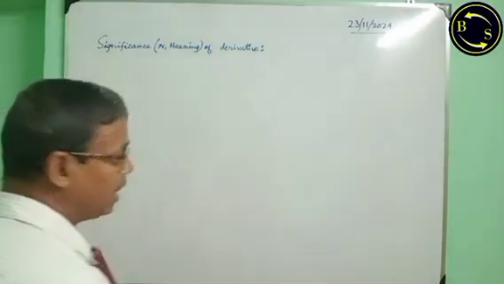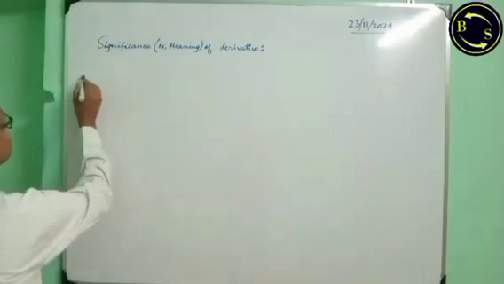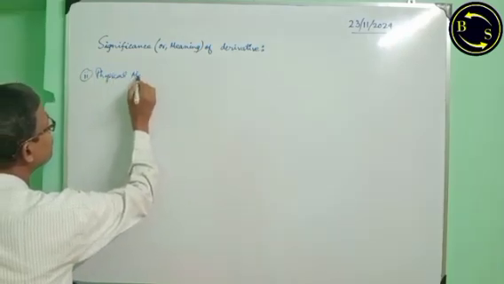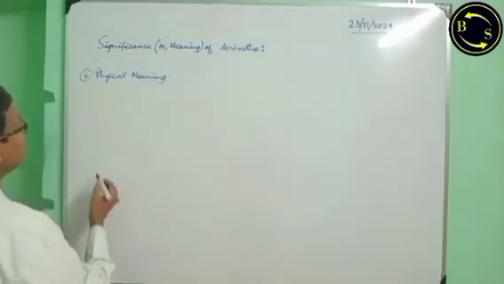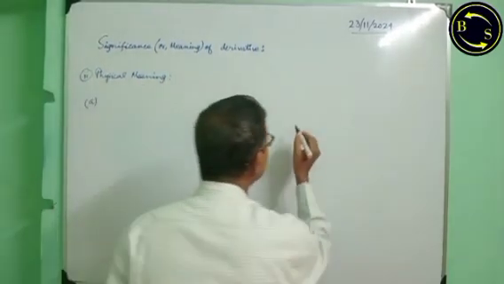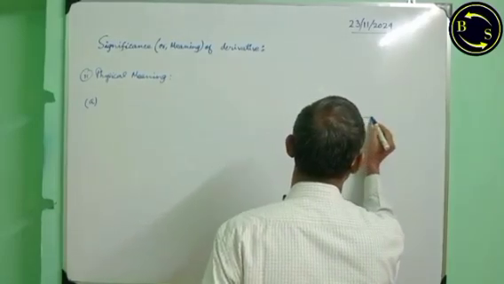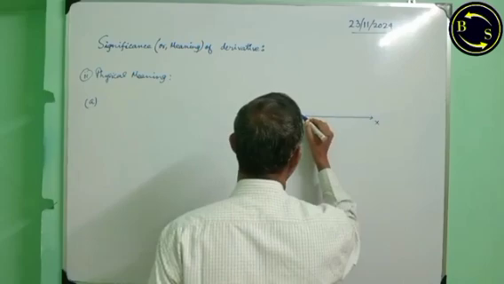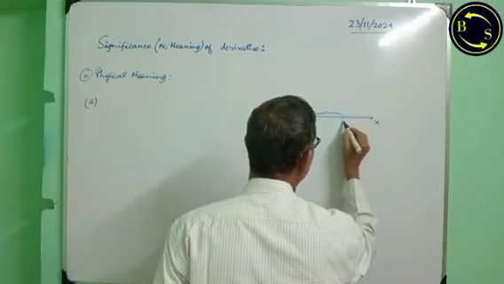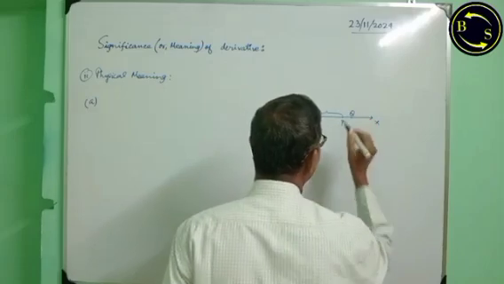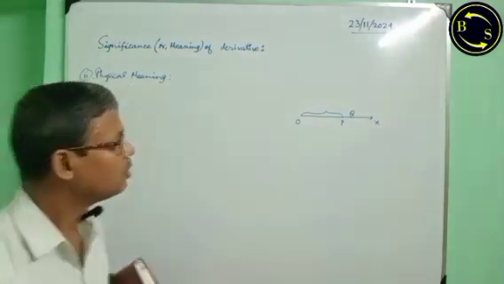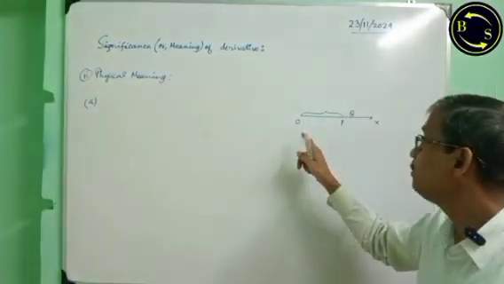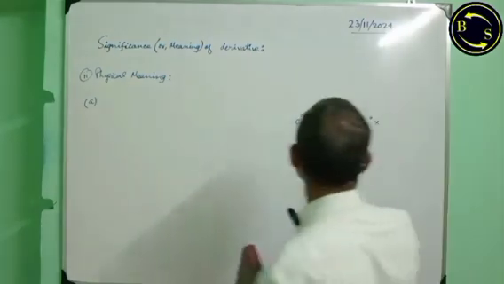We name the fixed point as O. A particle moves along the straight line OX from the fixed point O. Generally, we call it the origin. At time t, it traverses the distance x.